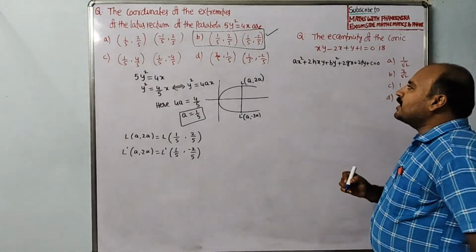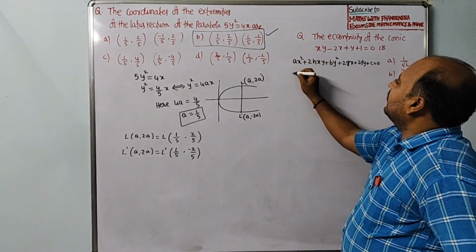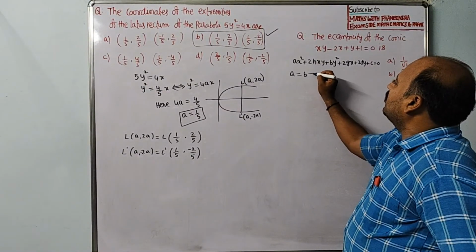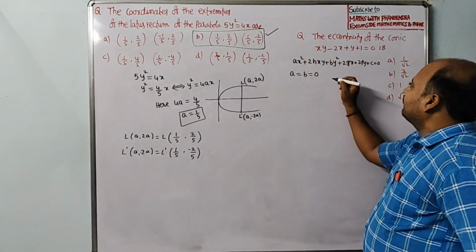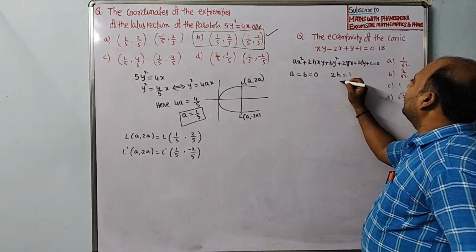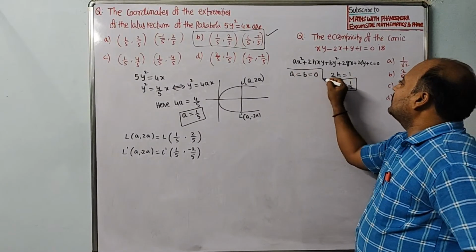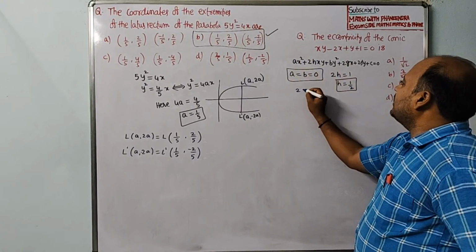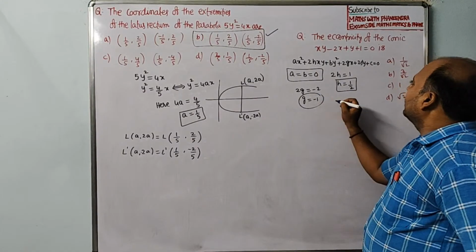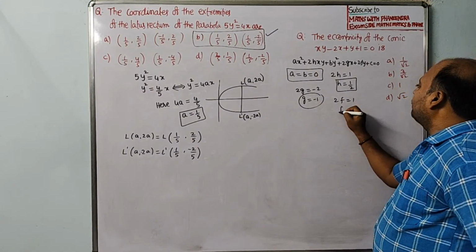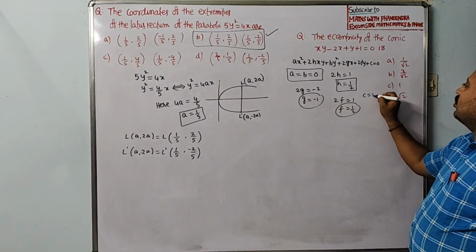Compare with this: a value and b value are both 0, because the x square term is not there, and the y square term is also not there. Next 2h is equal to 1, h is equal to 1 by 2. Later g and f values: 2g equal to minus 2, g equal to minus 1. Next 2f equal to 1, f equal to 1 by 2. And c is equal to 1.